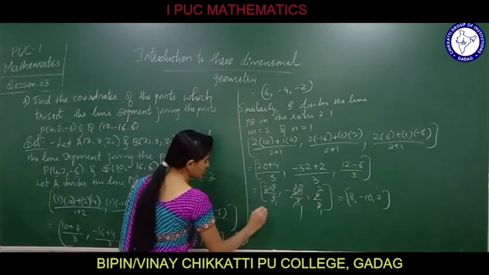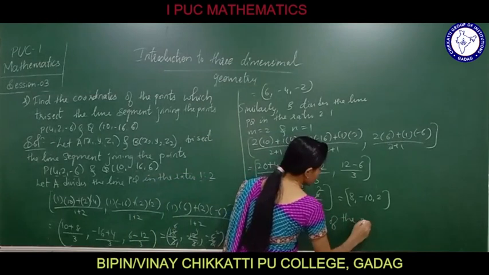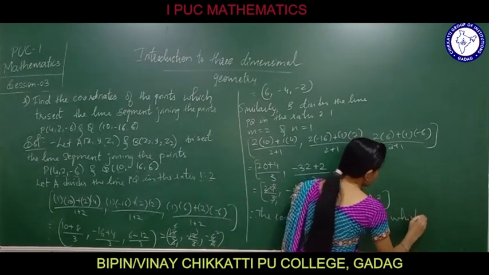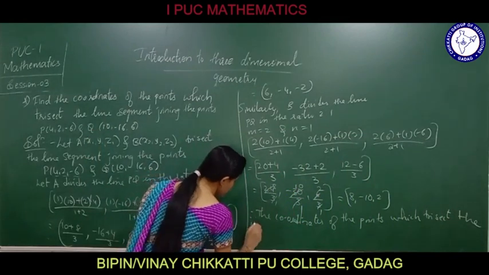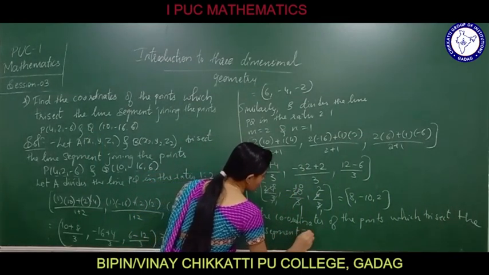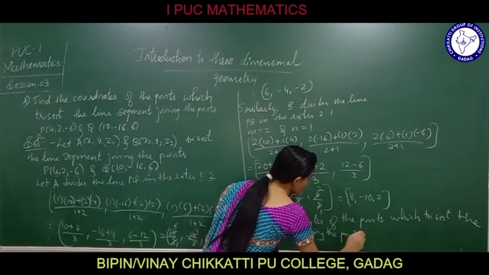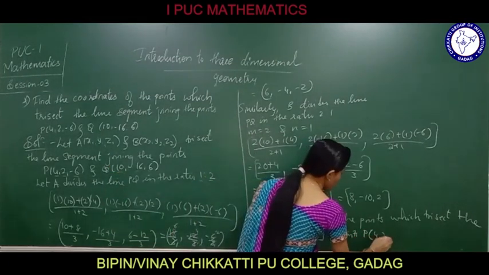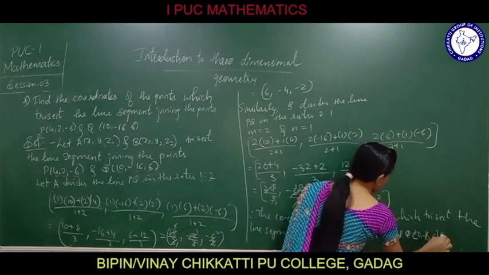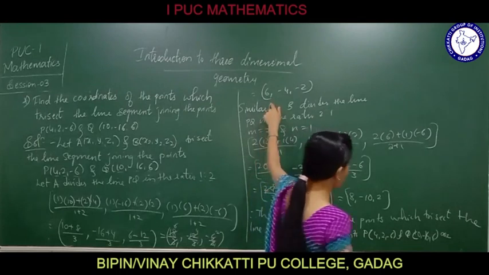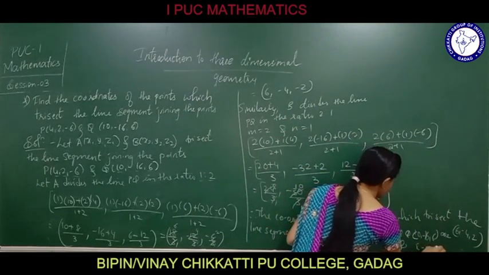Therefore, the coordinates of the points which trisect the line segment joining the points P of 4, 2, minus 6 and Q of 10, minus 16 and 6 are A of 6, minus 4, 2 and B of 8, minus 10 and 2.